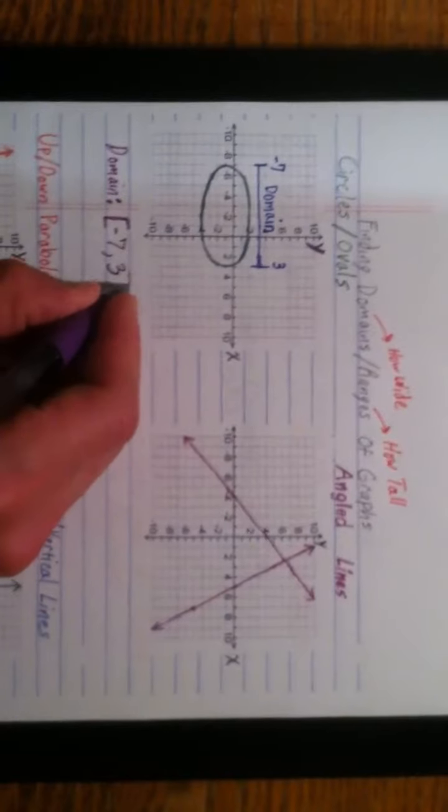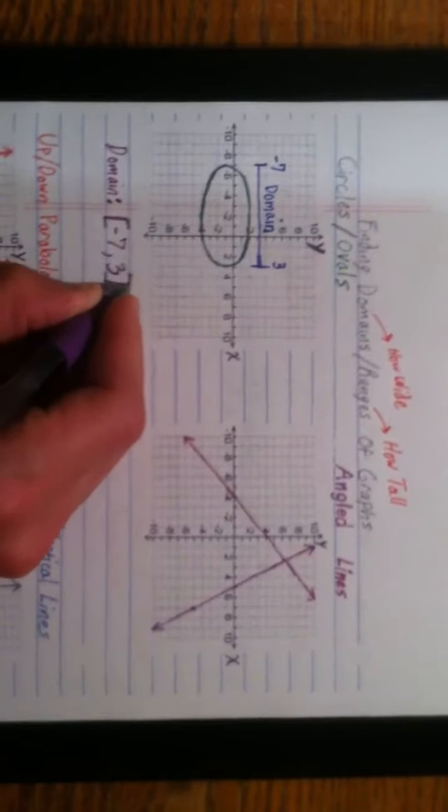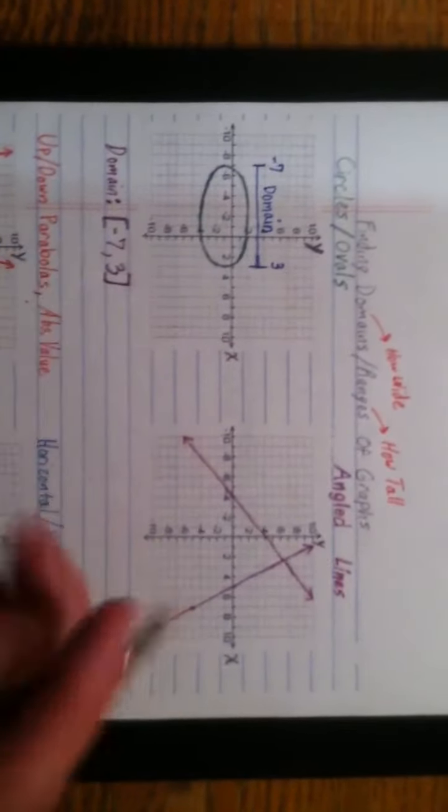We do want to include -7 because it does touch -7. We do want to include 3 because the graph does touch 3 as far as an x value. So since we want them included, remember that's when we use a bracket. If we did not want to include those points, just everything in between them, that's when we would have used a parenthesis. So our domain is the interval from -7 to 3.